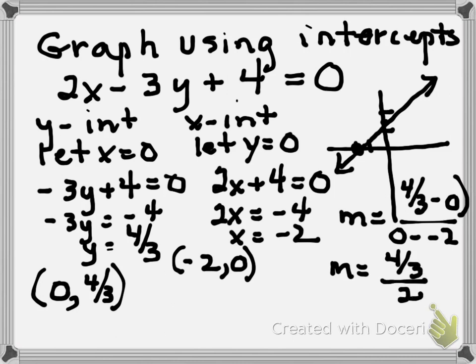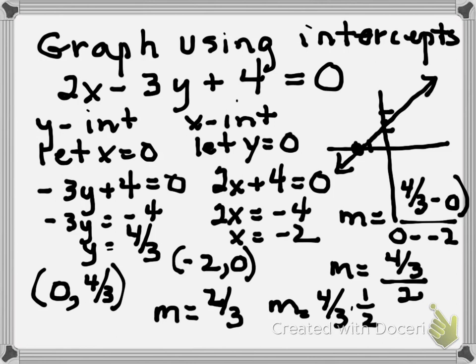Now I can multiply by 2, or I could say that I have 4/3 times the reciprocal. And I'm getting a slope that's equal to 4/6, which is 2/3. So that means I went over 3, I'm sorry, and up 2. So I went to the right 3 and up 2.